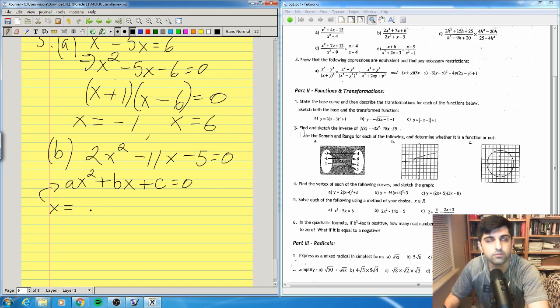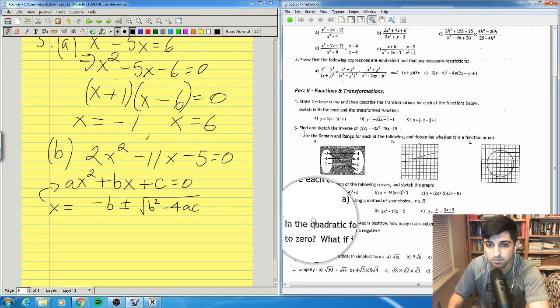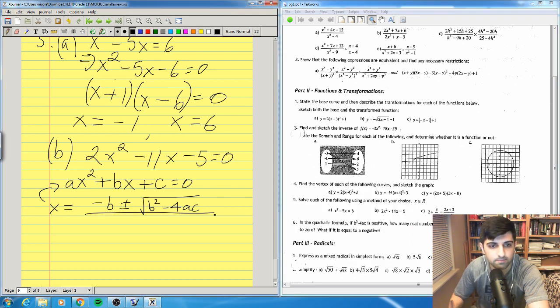And that's if you're really screwed and you think there's a solution. So the answer is negative b plus or minus the square root of b squared minus 4ac. By the way, this quantity inside the square root is really important. It's called the discriminant, and it's actually in number 6, as you'll see. All divided by 2a.